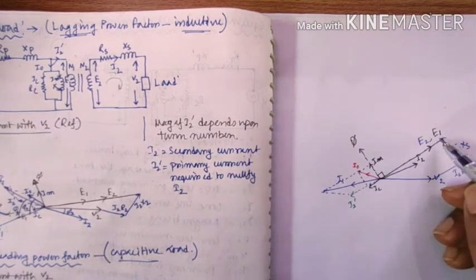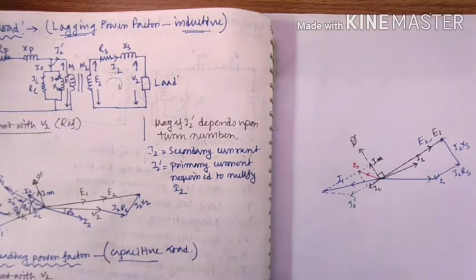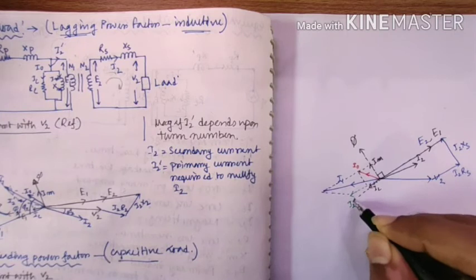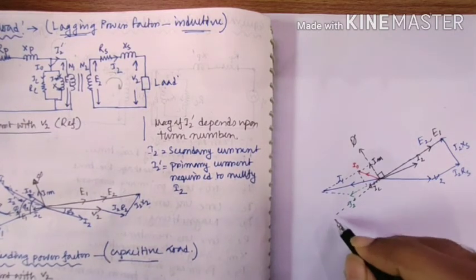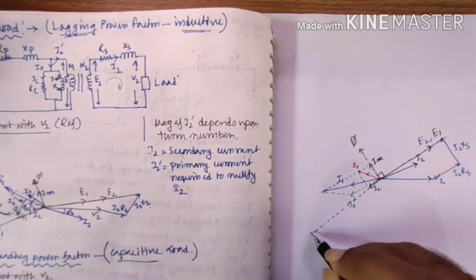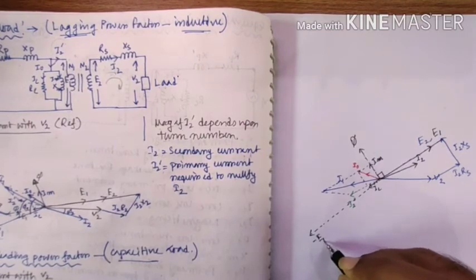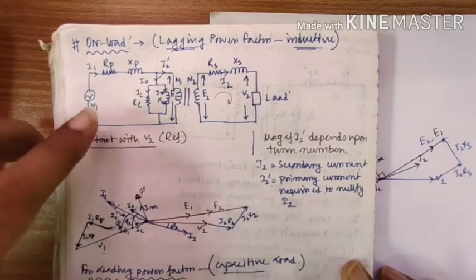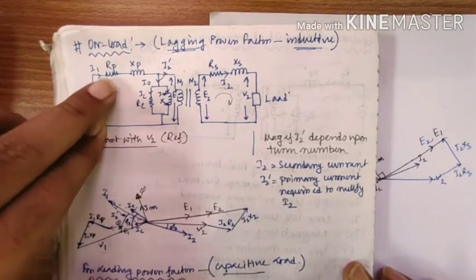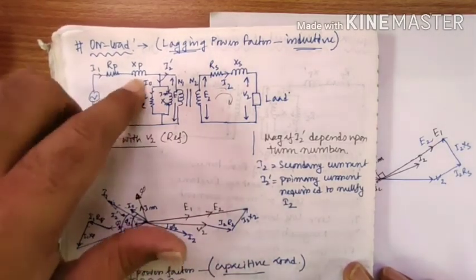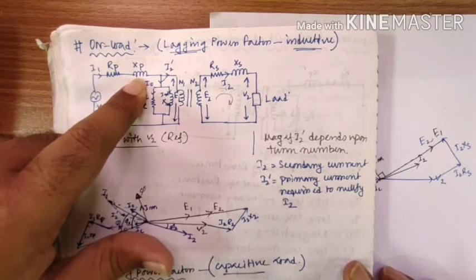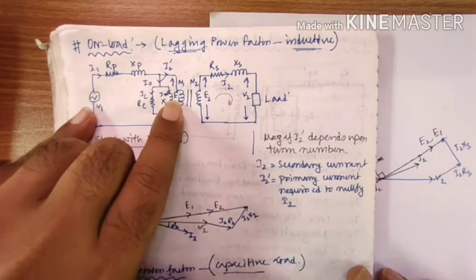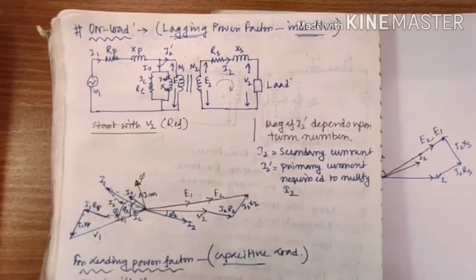Now if this is E1, then the opposite line is basically minus of E1. Why is minus of E1 important? Because in case of primary winding, voltage V1 is equal to voltage drop across RP plus voltage drop across XP plus minus E1, because the nature of E1 and V1 is opposite in direction due to Lenz's law.